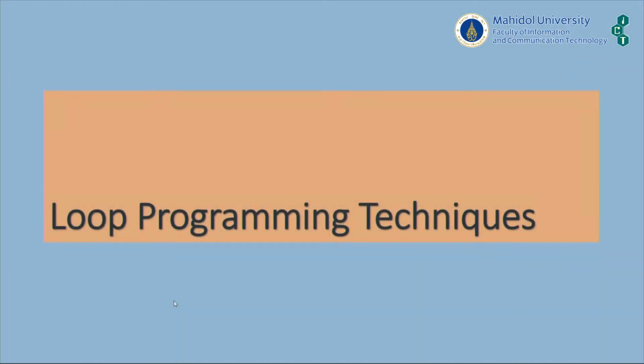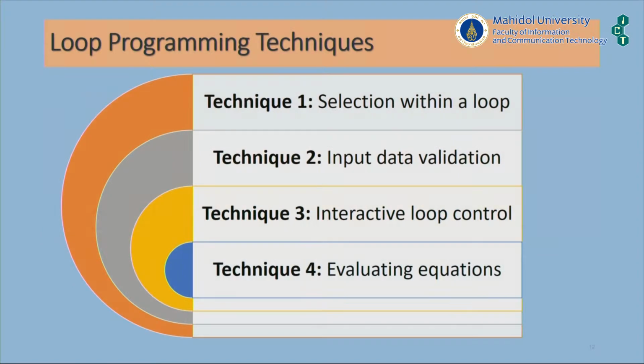So the last topic that we're going to cover today is the technique to use in loop programming. In this topic, I'm mostly going to demo what we can use the loop to do. So we're going to demo 4 techniques.